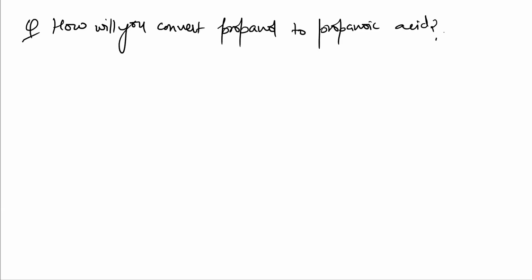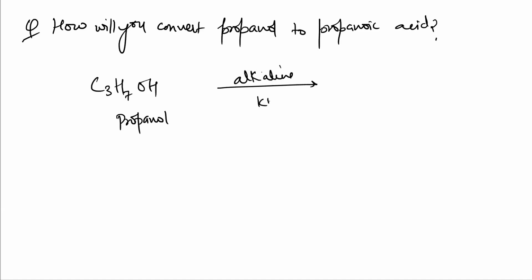How will you convert propanol to propanoic acid? Tell me. What is propanol? A 3 carbon alcohol, C3H7OH. If you add it to alkaline KMnO4, then it will get converted into propanoic acid, which is C2H5COOH.